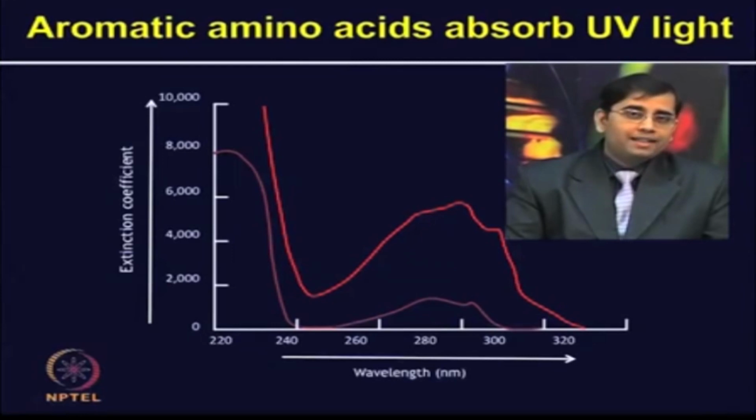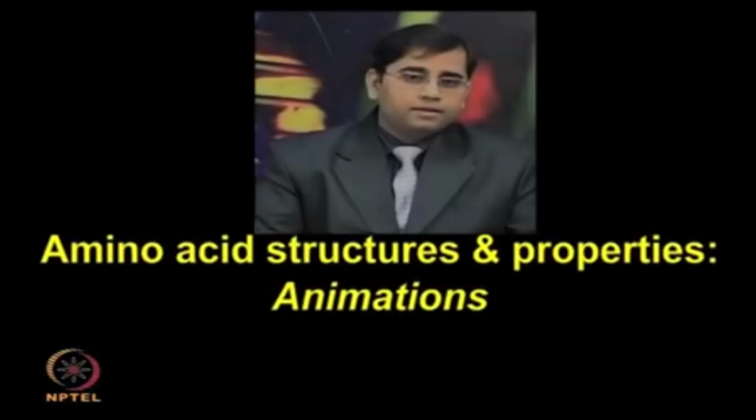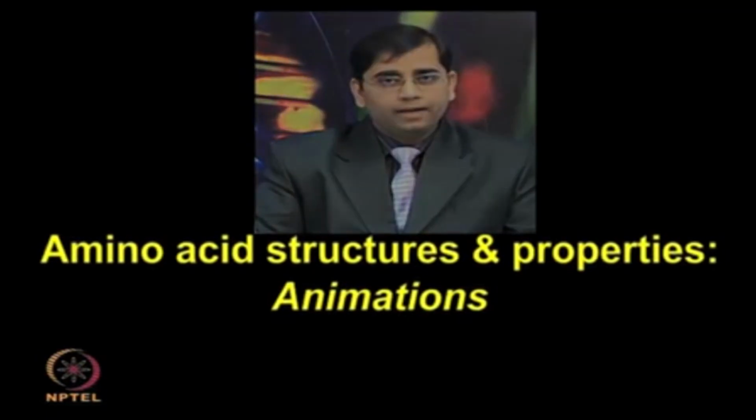Tryptophan absorption maximum is at 280 nanometers, tyrosine at 276 nanometers, and phenylalanine absorbs light less strongly and at a shorter wavelength. The light absorption at 280 nanometers is used for protein concentration determination. I will refresh some of the concepts on amino acid structures and properties in the following animation.